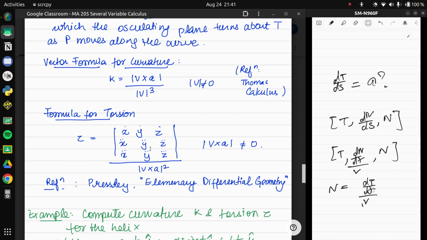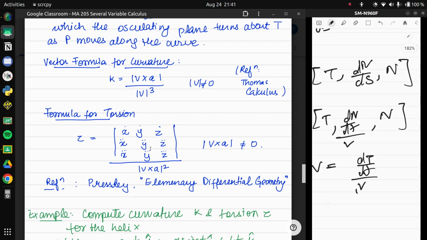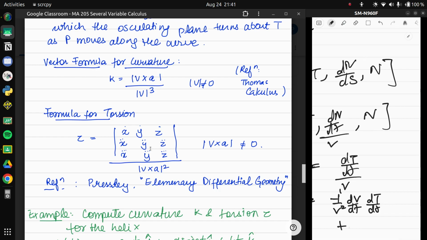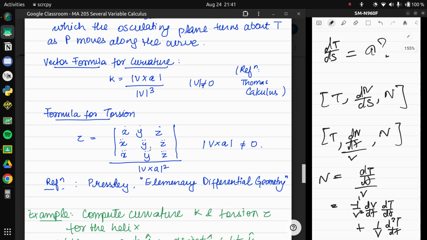Now n is defined to be this stuff. So we just do derivative of that. So just minus 1 upon v square dv by dt. So that's messed up. Okay, d capital T by d small t plus 1 by v d square t by, okay, cool. So dt by dt.